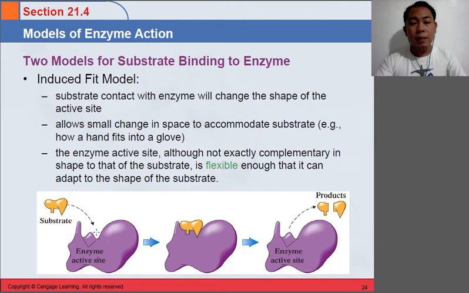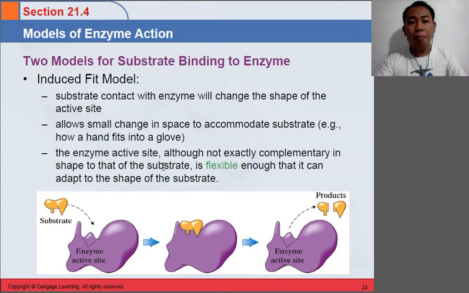That means the substrate will contact the enzyme and later change the shape of the active site following the shape of the substrate. And the enzyme active site, although not exactly complementary in shape to that of the substrate, is said to be flexible enough that it can adapt to the shape of the substrate. Thus, it will produce products.